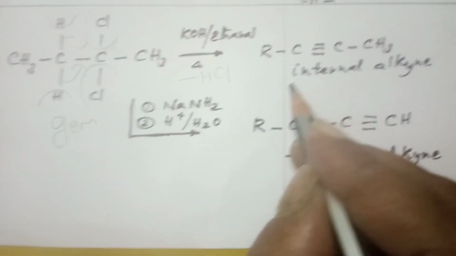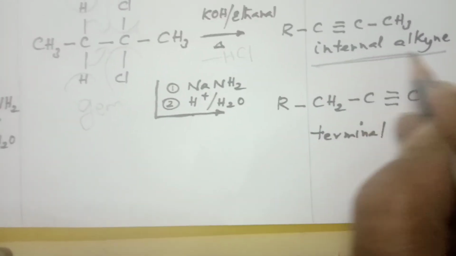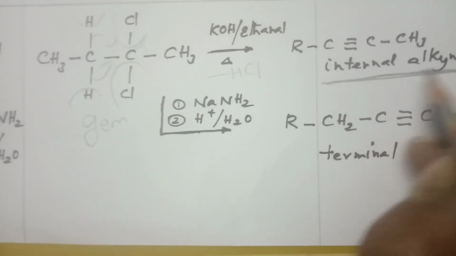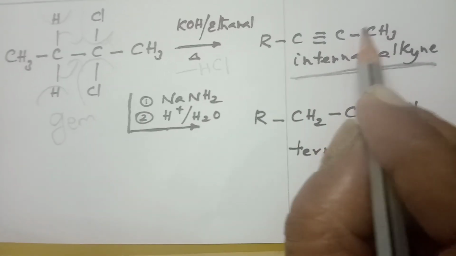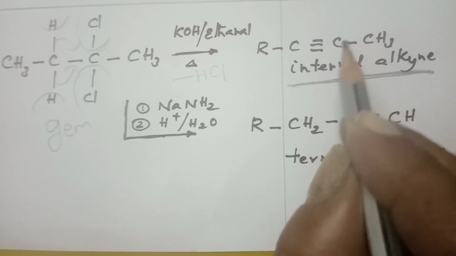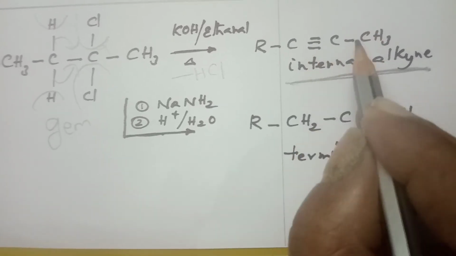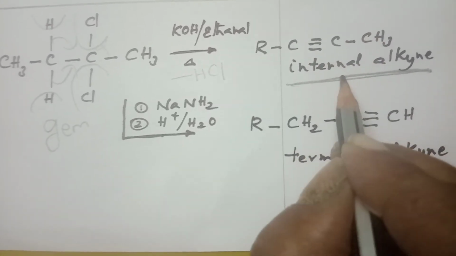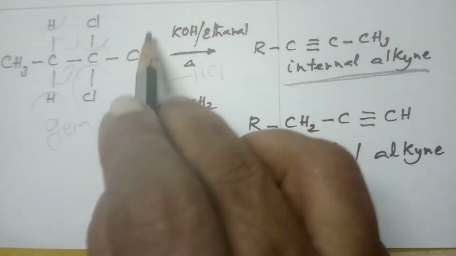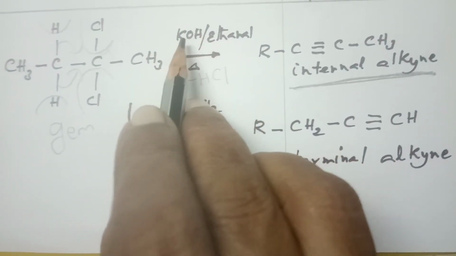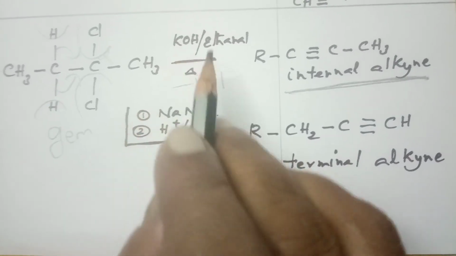Because of that you get an alkyne which is an internal alkyne. What is the meaning of internal alkyne? The triple bond is not on the terminal; non-terminal is called an internal alkyne. You get the internal alkyne in the presence of alcoholic potassium hydroxide.